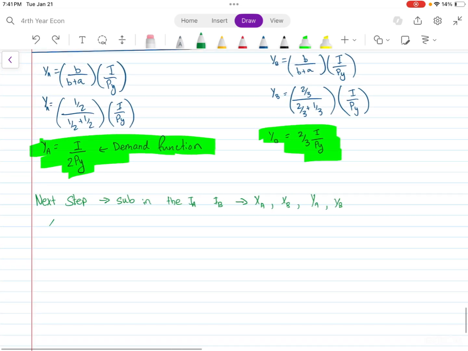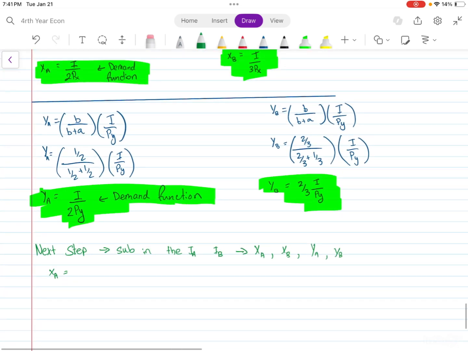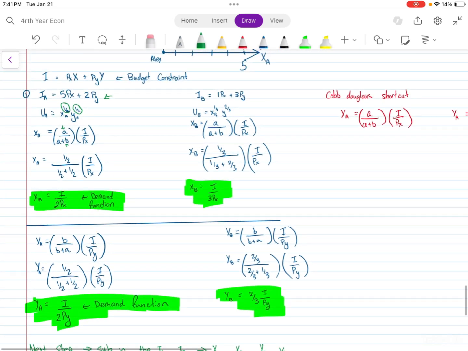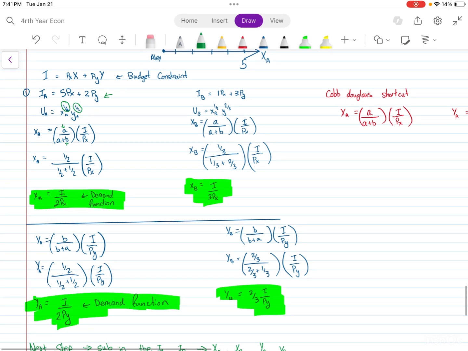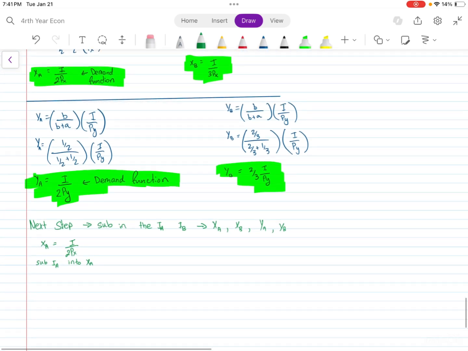So we know that XA is equal to income over 2px. So we want to sub Alex's income into this equation. And basically, it's going to be 5px plus 2py.